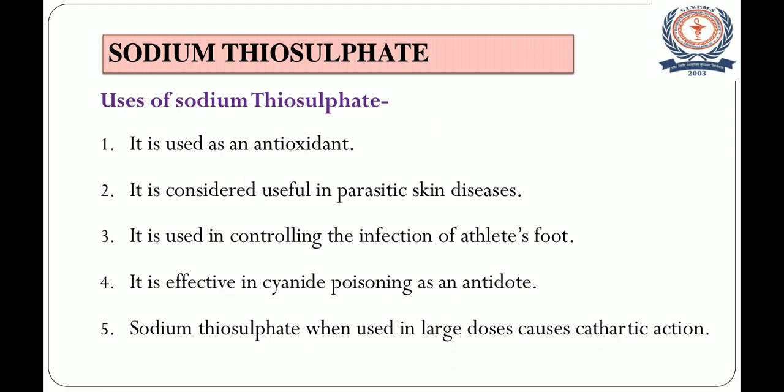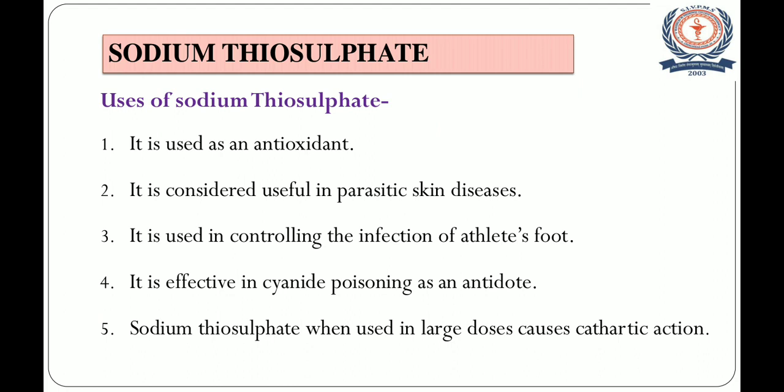Now what is this athlete's foot? Sportsmen frequently use shoes for longer durations, and there are chances of some fungal or bacterial infection, and that particular infection is called athlete's foot infection. So sodium thiosulfate is used to treat that infection of athlete's foot.